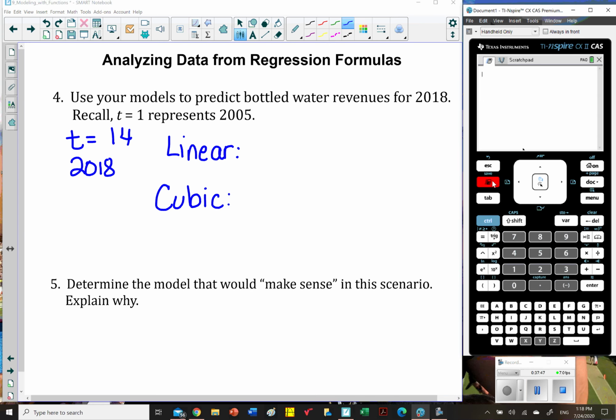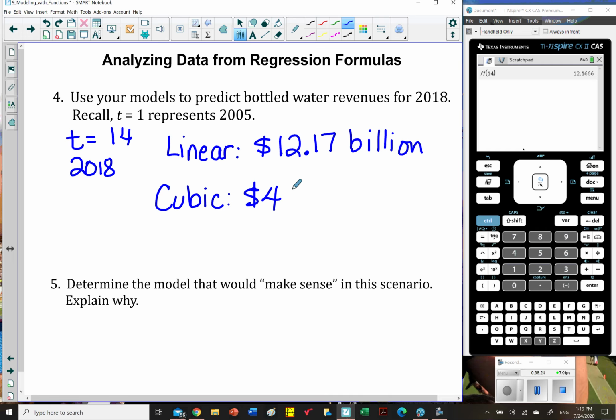So we'd come over here and enter in that equation, 0.1257x plus 10.4068. And then I could evaluate it for year 14 and get 12.17 billion. $12.17 billion in water sales. And then the cubic turns out to be 49.28 billion.